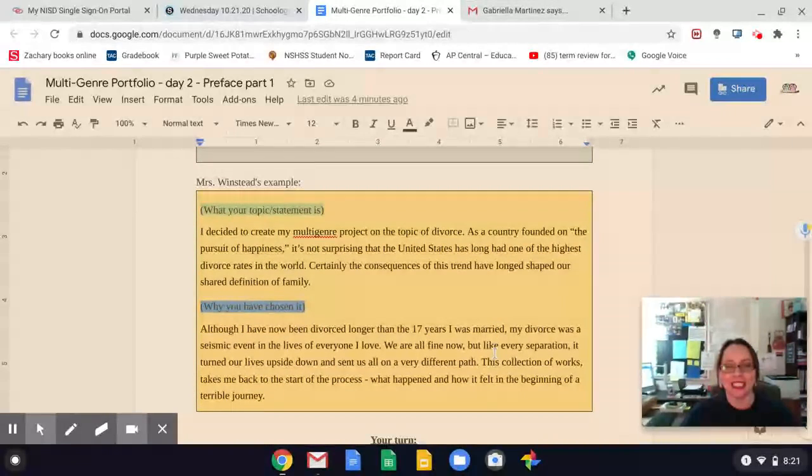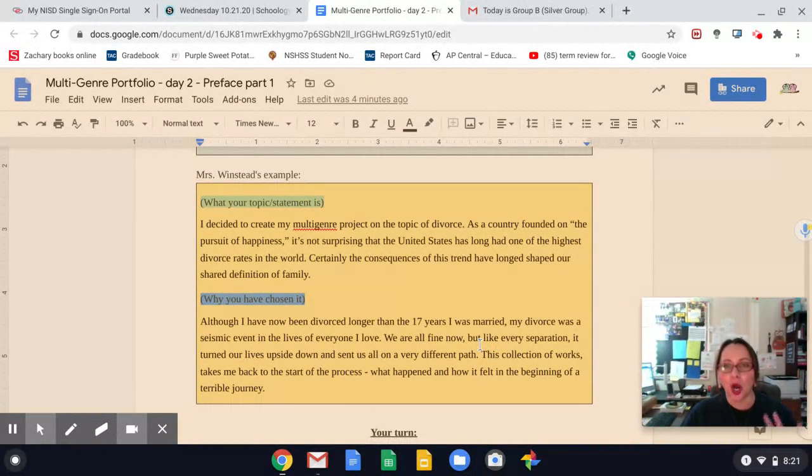And what I did is that I pulled the 2 opening paragraphs from Miss Winstead's preface. Again, if you go back into yesterday's folder and you look at the portfolio sample from Miss Winstead, you'll notice that on that opening page, that table of contents, preface, work 1, 2, 3, 4, I'm pulling it from that first document.